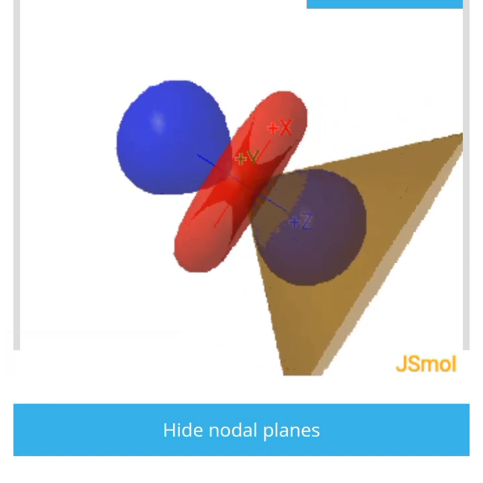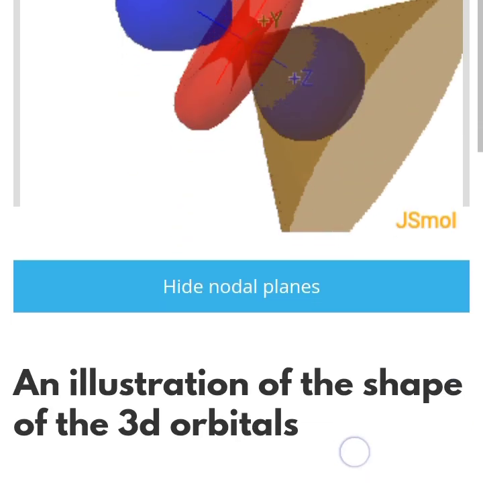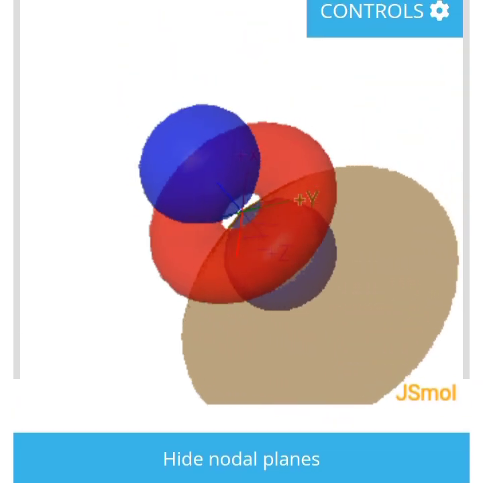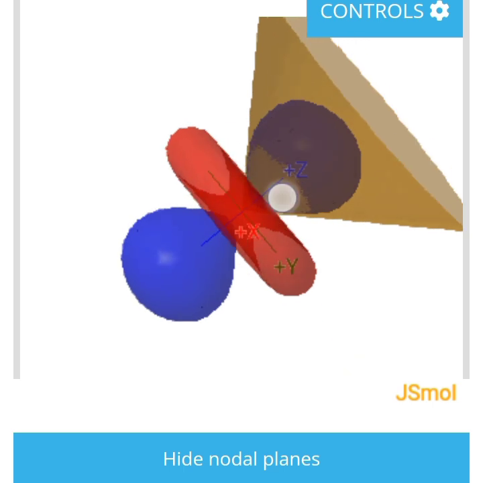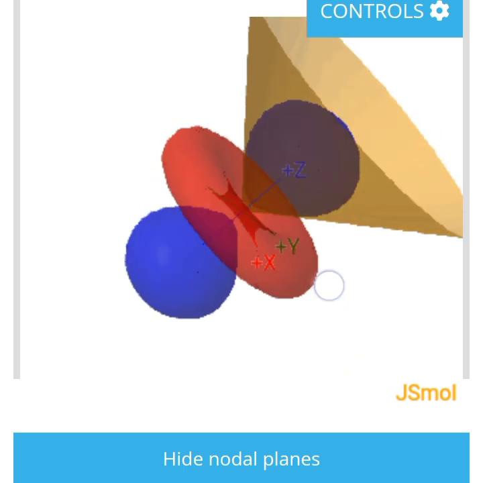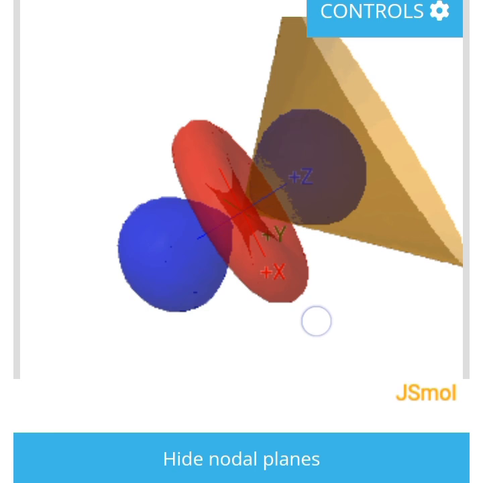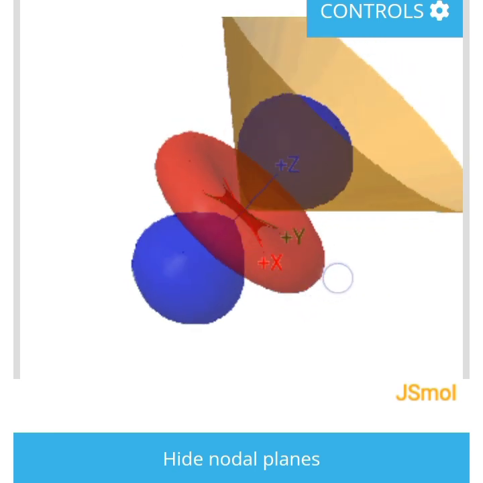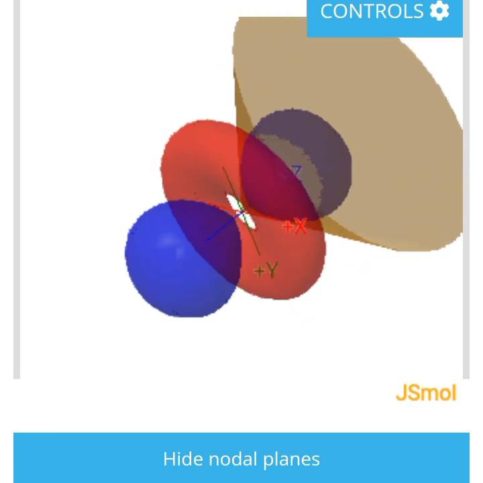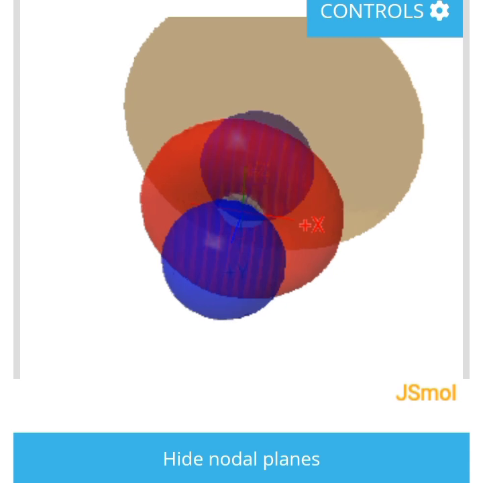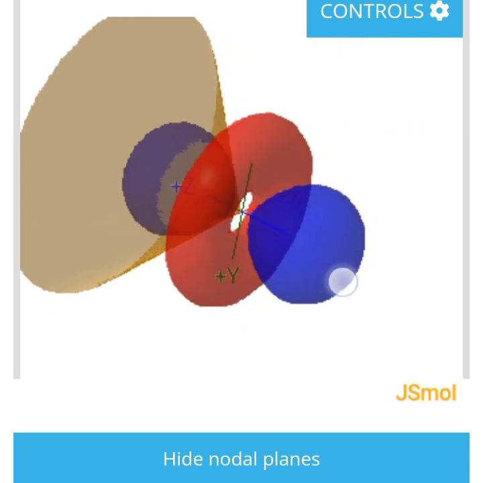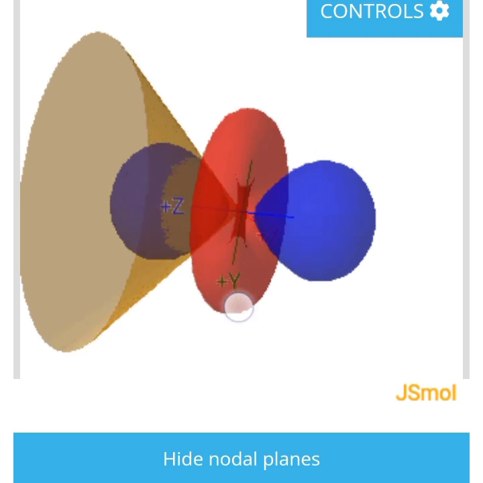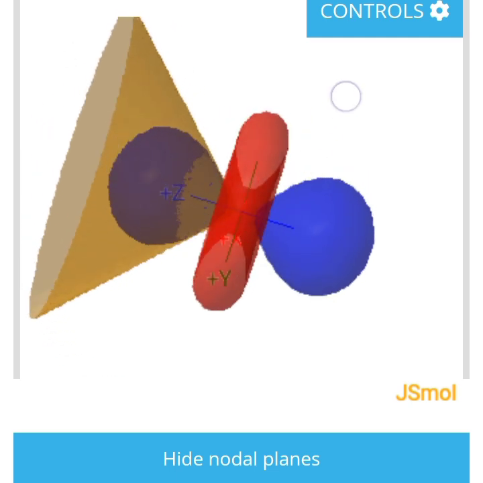That is not seen in the animation. So this is the dz square orbital. This is the circle-like red region, in the x and y plane, and this is the blue region which is called z square. The dx square minus y square combined together generate this red region.